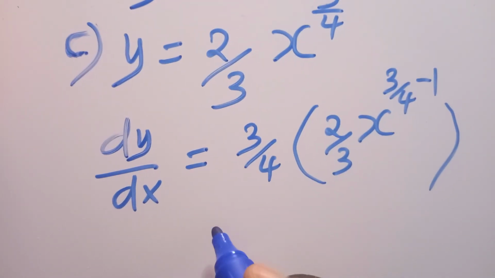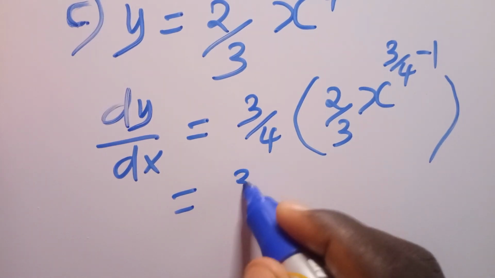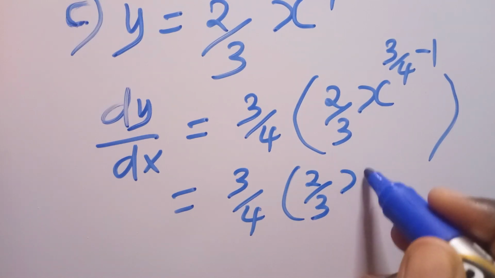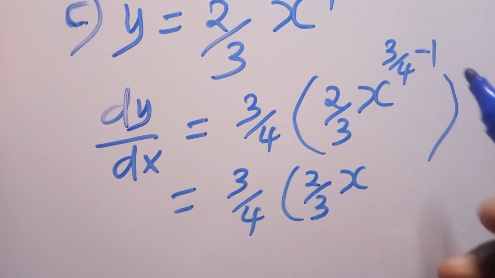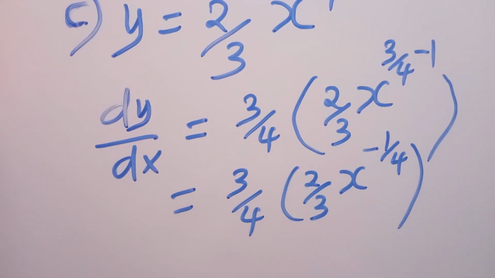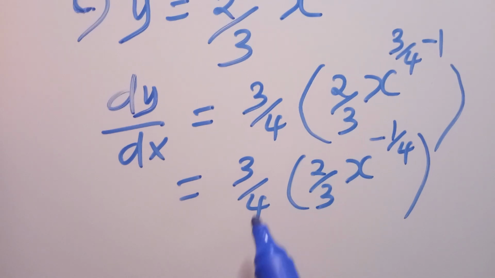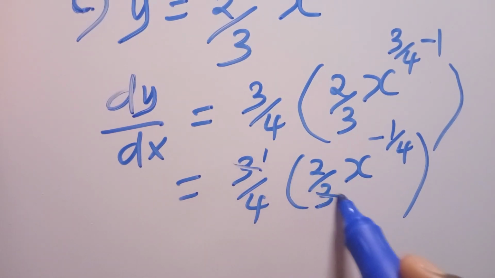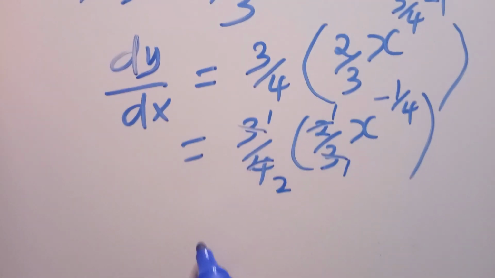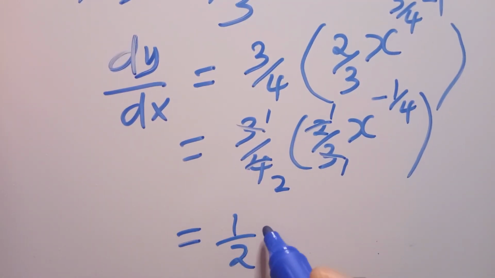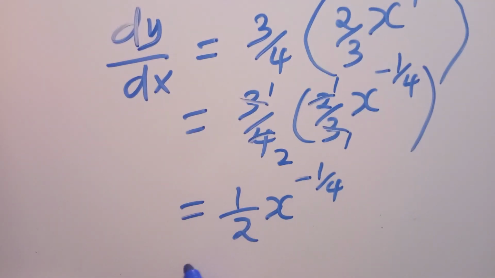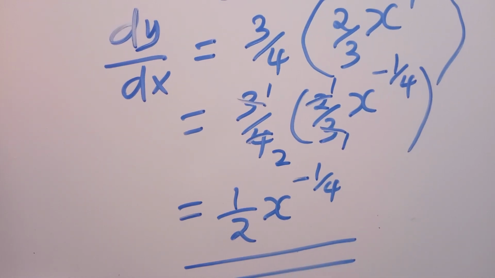We obtain 3 over 4 into 2/3, then x raised to 3 over 4 minus 1, which is negative a quarter. If we simplify, 3 and 3 cancel, and 2 and 4 reduce, therefore this is a half x raised to negative a quarter. That is what we obtain in differentiating this function.